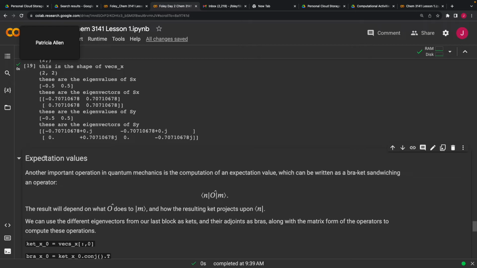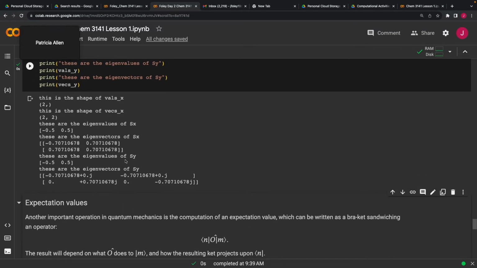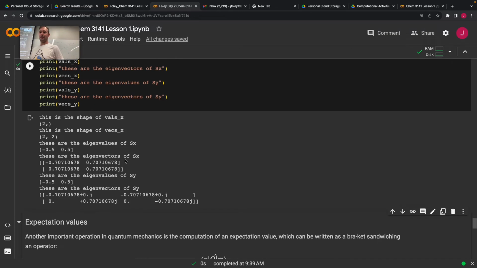Yeah, go ahead. For the first shape of the vowels, is this supposed to be a 1 after? It's actually not supposed to be a 1, although there's no difference mathematically between this shape 2 comma nothing and 2 comma 1.